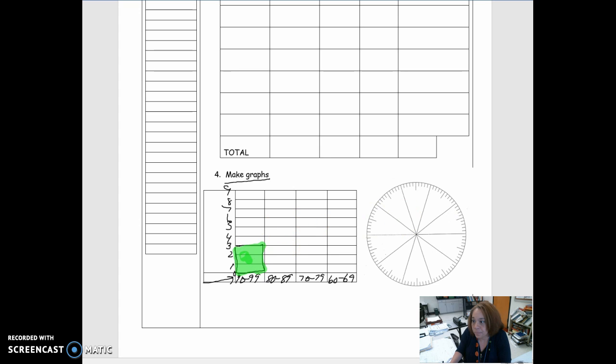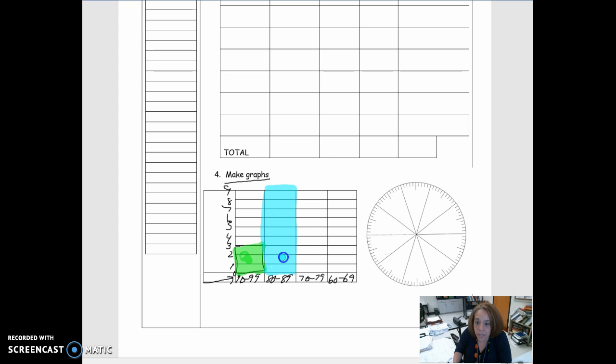All right? Now, going back to the 80 to 89, how many were in our score interval for 80 to 89? I'll remind you we had 9. So that actually fills up this whole grid, all the way up to 9. And I'm having a great time coloring this in.